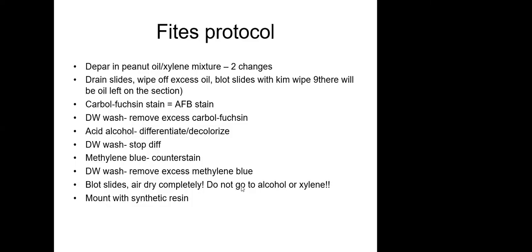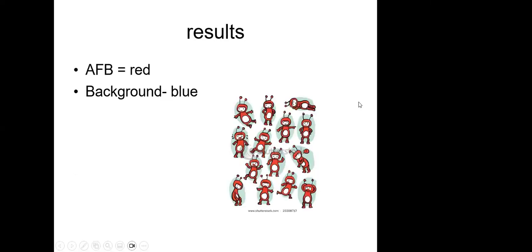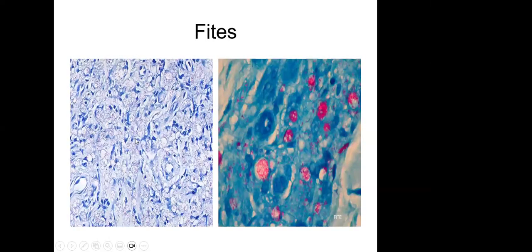Now, when you mount your AFB, this is your normal mounting media. You're going to have to use just a little bit more media because you're not going to have that xylene to help that media spread. And your results: your AFB is going to be red, and you're going to have a light blue background. So this is what it looks like. This looks like there's nothing in it, but that is not the case.